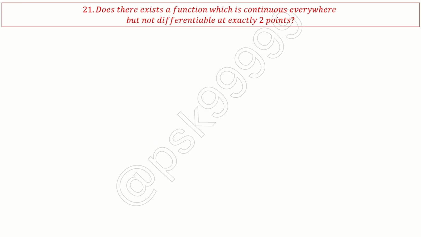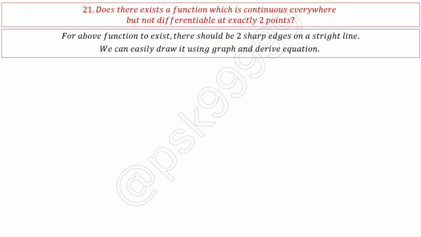Okay, does there exist a function which is continuous everywhere but not differentiable at exactly 2 points? Okay, which means if you draw a graph, you have one straight line, and then it is basically making spikes at two places, correct? Right, so let's take help of a graph and then derive the equation. So this is normally a straight line, so I choose 2 points a and b and make spikes at two places.